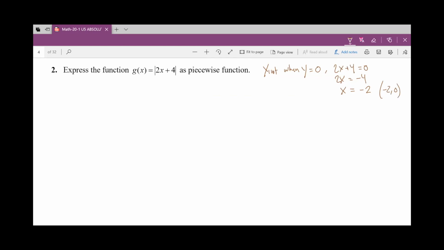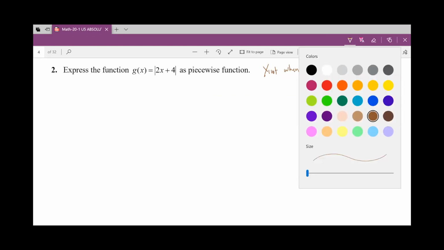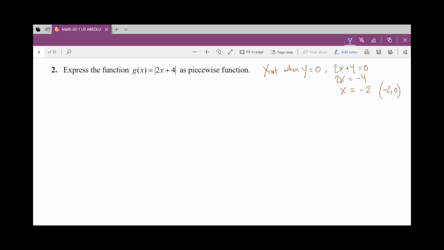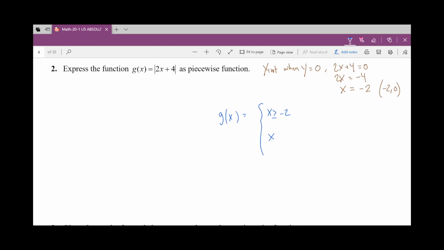So the two parts of your piecewise function are going to be for that part of the line where x is greater than or equal to -2, and then part of the line where x is less than -2.